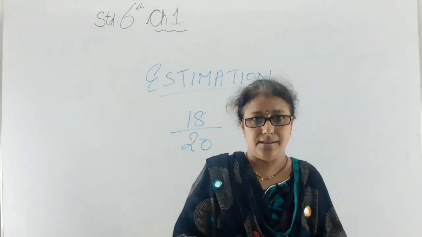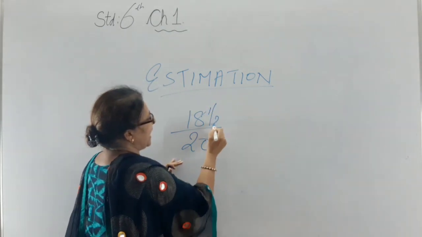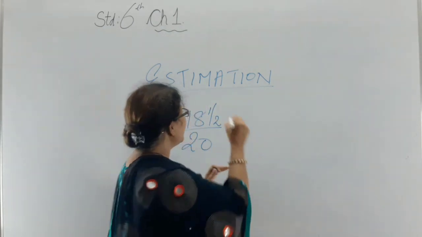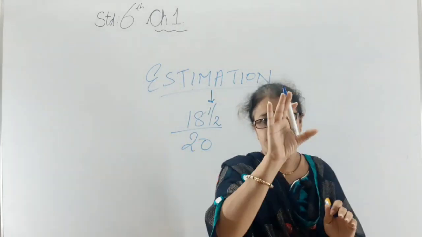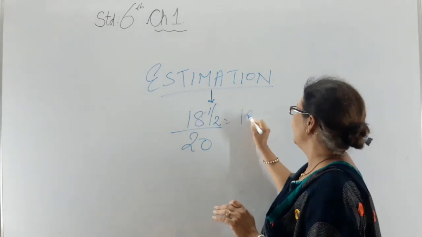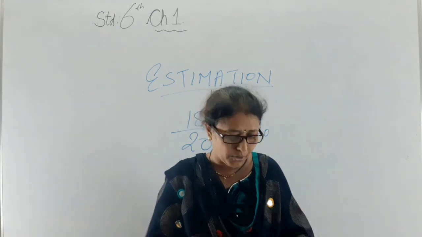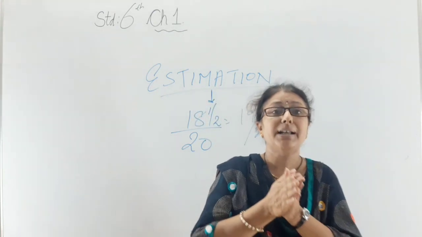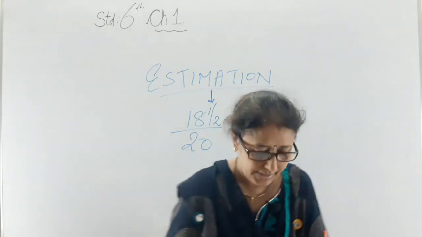When you get the marks of the paper, you got 18 and a half. Now this half mark, you have to round up. It will become directly 19 out of 20. So you come to know that whatever approximate calculation you had done for the paper has come true.